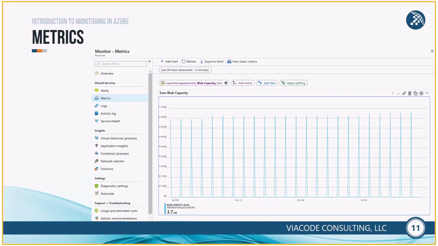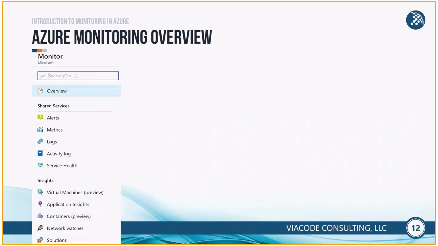Now, at this point, we've talked about the core building blocks, core telemetry types, if you will, for Azure Monitoring. You have Service Health that provides the health of the entire Azure distributed data center infrastructure. You have metrics and logs. The entry point to Azure Monitoring is a service called Azure Monitor.